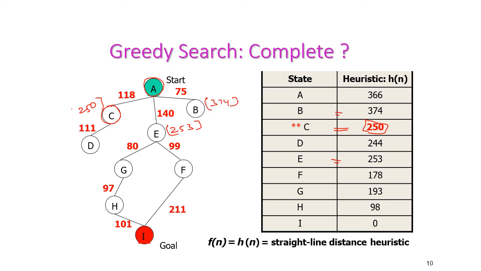Among these three, which one is the minimum? C is the minimum. C has the minimum heuristic value. So we have to select only this C for further expansion, right?